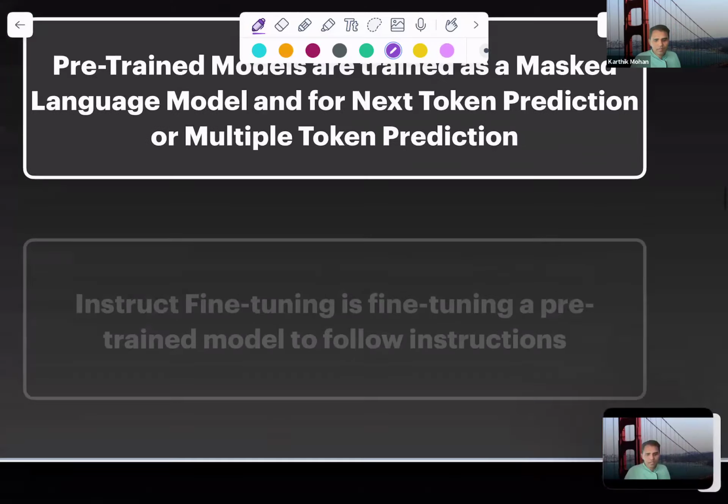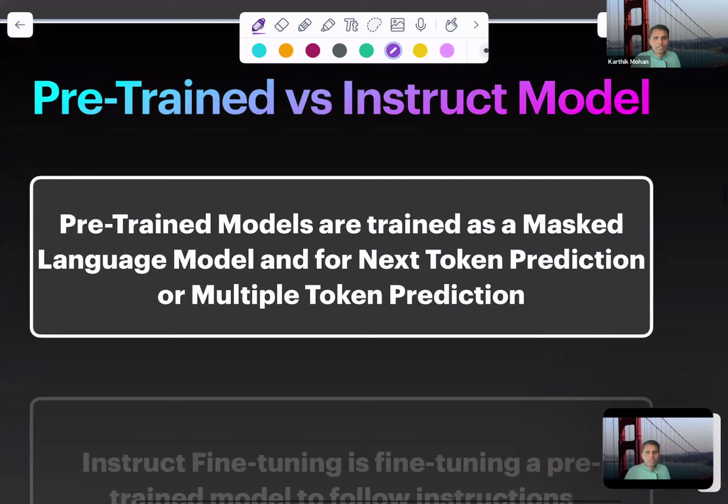The reason this is so nice and easy is that if you gather millions or even billions of data points from the web, then as long as it's a sentence, you can always take a sentence and say, predict this missing word, predict this next word, predict the next token. So it is super scalable as an objective and a loss function to be able to predict what is missing or the next token.